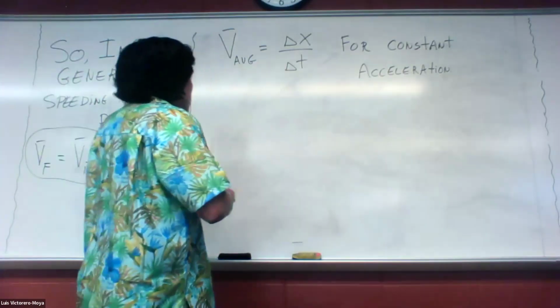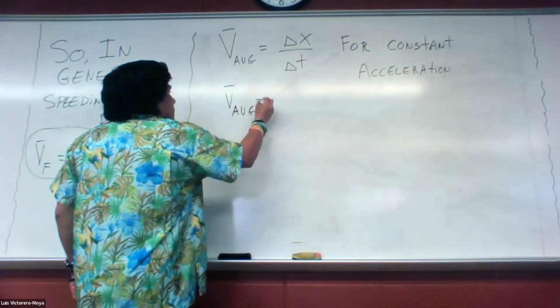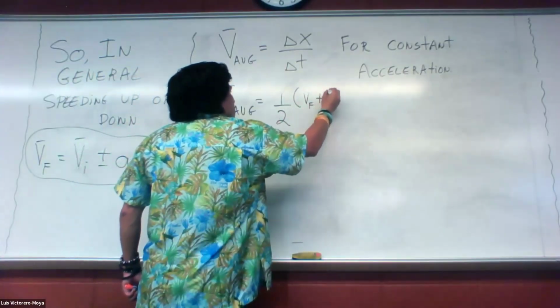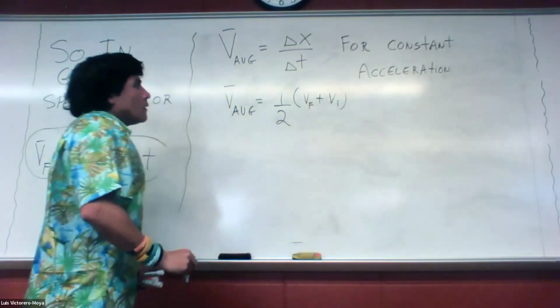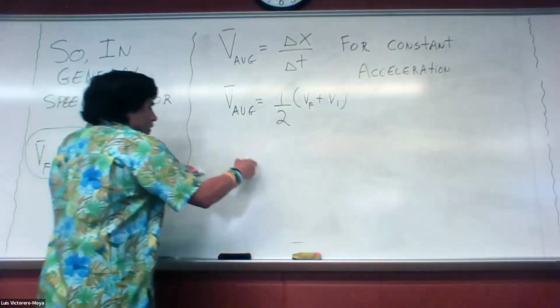But you just saw in the slide that the average is the half of V final plus V initial. So guys, besides this equation, you have another equation here.